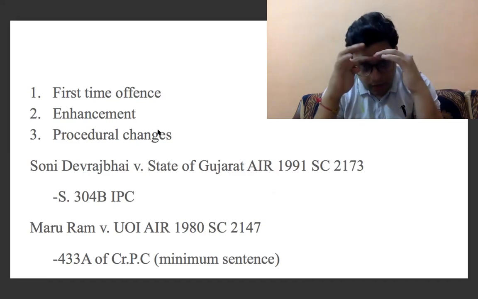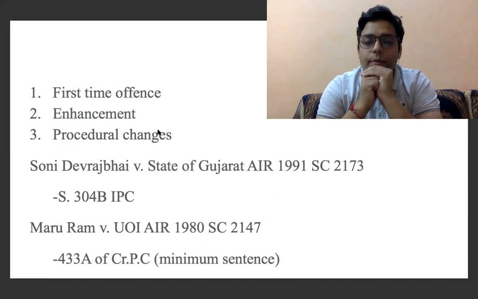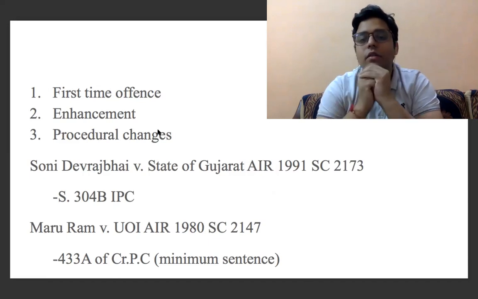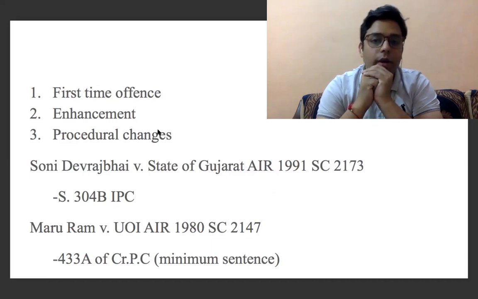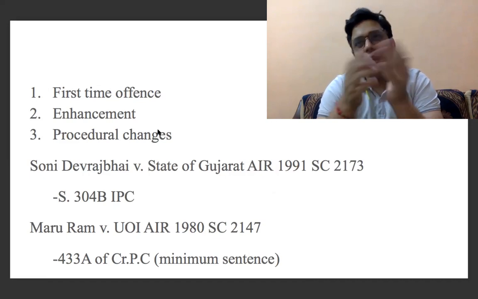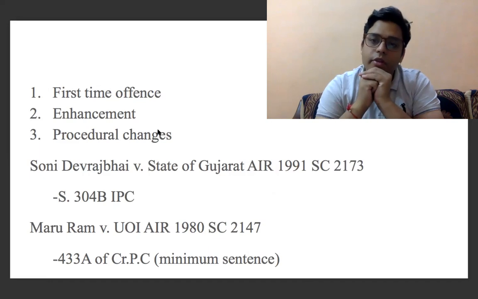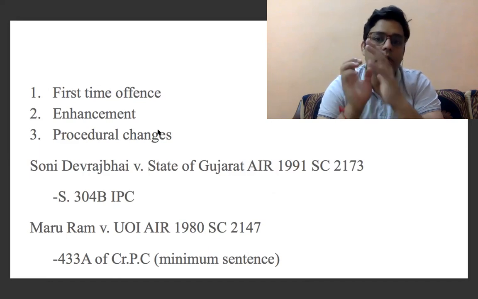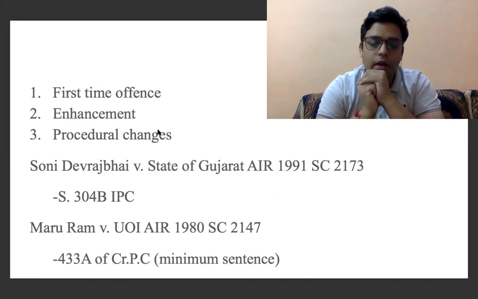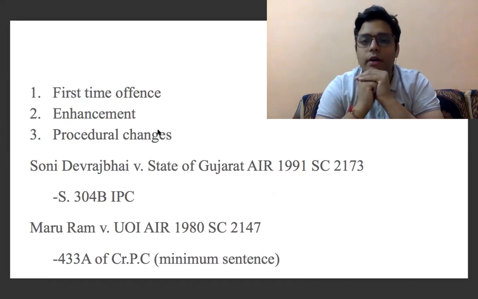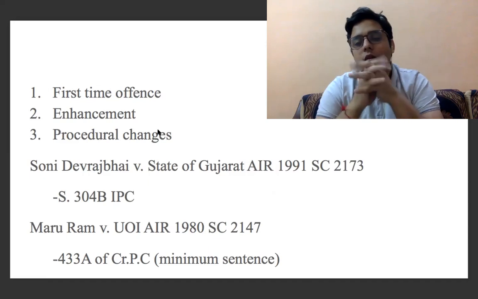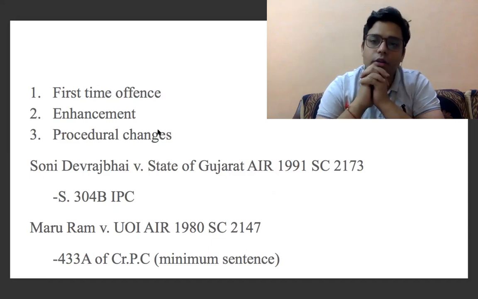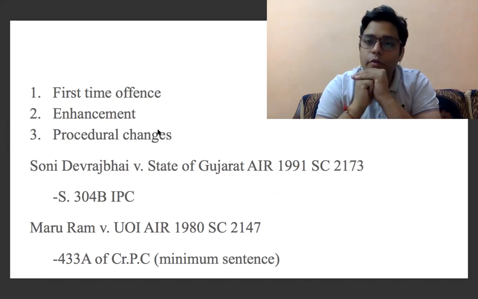So what happened is that a particular offense of dowry death was committed, like a murder of a woman who was the wife of a particular person. When that act of murder was committed, there was no such thing as dowry death in our Indian Penal Code. There was no Section 304B.